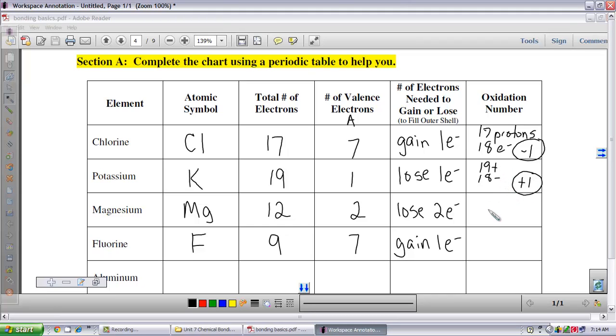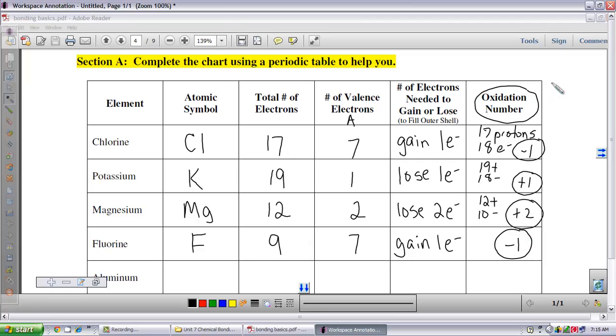Magnesium lost 2 electrons. He still has 12 protons. He only has 10 electrons, which means his oxidation number or charge is a +2. And fluorine got an electron, which means he has a -1 oxidation number.